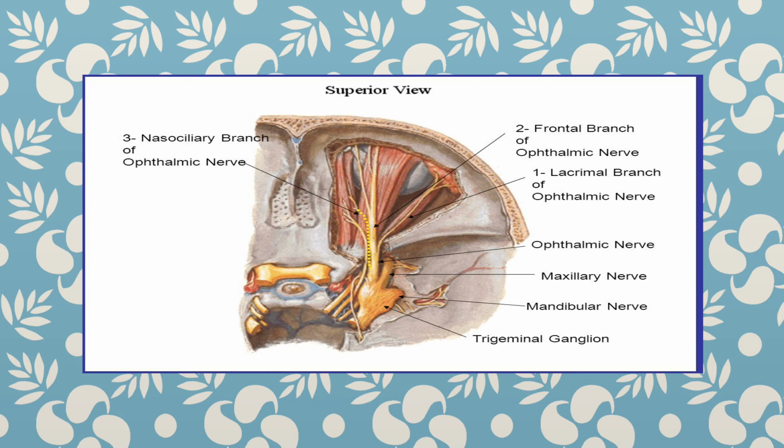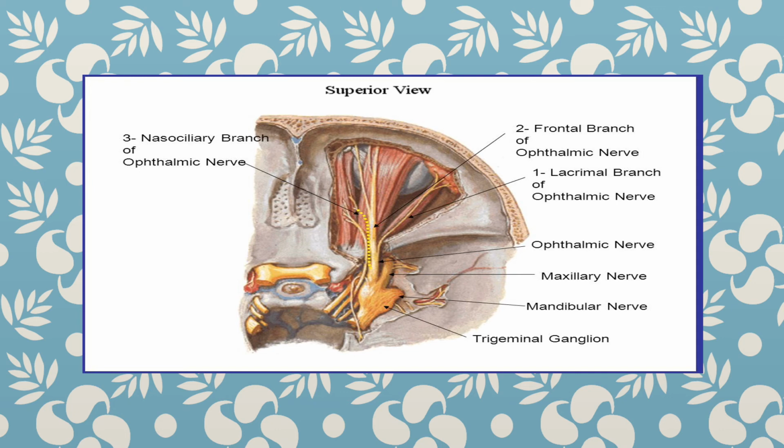On the medial side of the trigeminal ganglion, you can see the internal carotid arteries. There are some bluish things that can be seen. These are the venous sinuses within the cranial cavity. On the lateral side of the trigeminal ganglion, there is the petrous temporal bone.